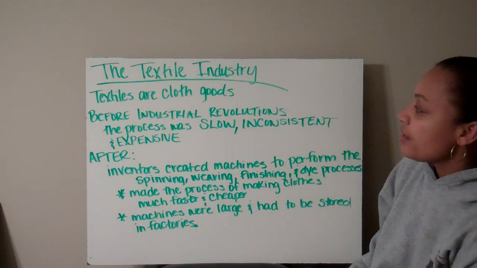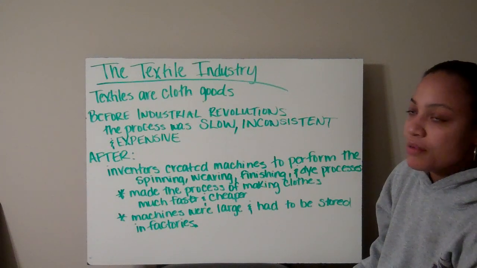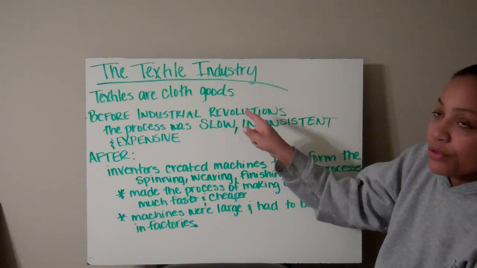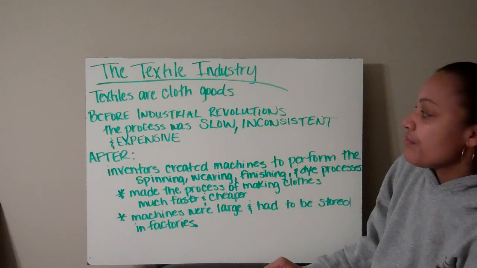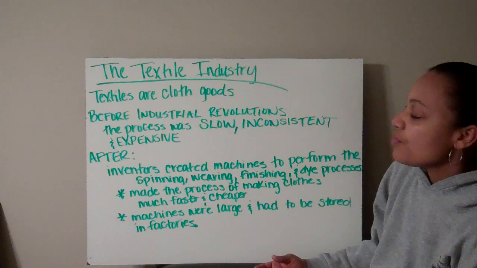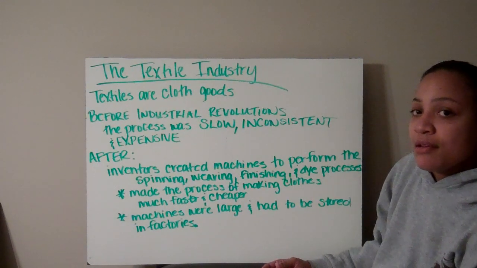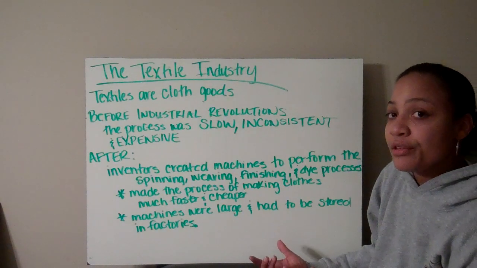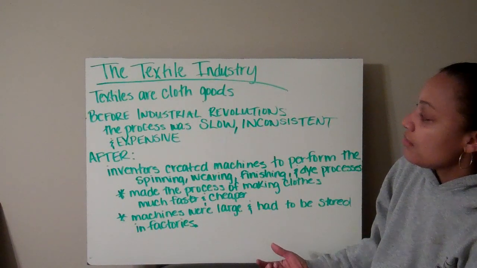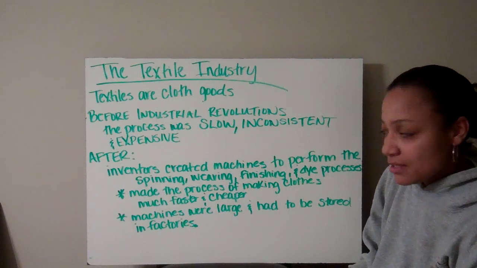So let's look at another industry. We looked at the agriculture industry. We looked at the new technology of coal and iron. But textile means clothes. So before the Industrial Revolution, the whole making of cloth was very time consuming. You will have somebody that will make the cloth, then they would send the cloth to the store so they can weave it together. And so basically it was very slow, it was inconsistent, and it was very expensive.